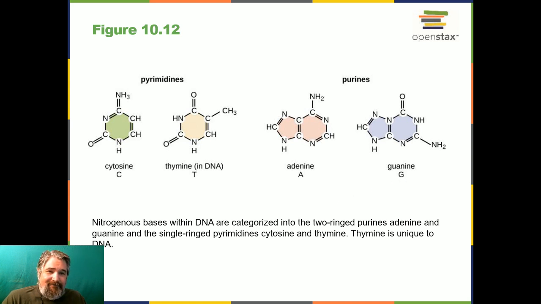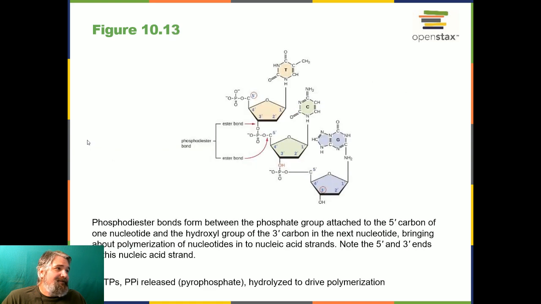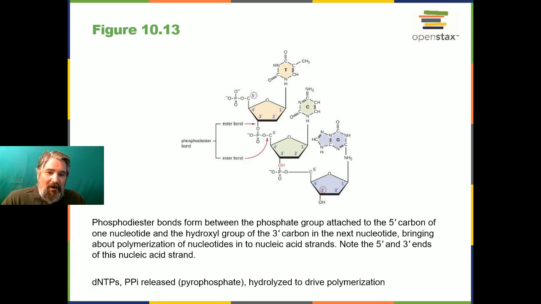So they form linkages from the 3' to the 5' as mediated through the phosphodiester bond. This is another type of dehydration synthesis, which is a very common theme in biological reactions. So this requires dNTPs, and it releases pyrophosphates, and they are hydrolyzed to drive polymerization.